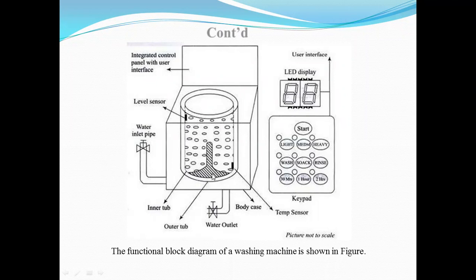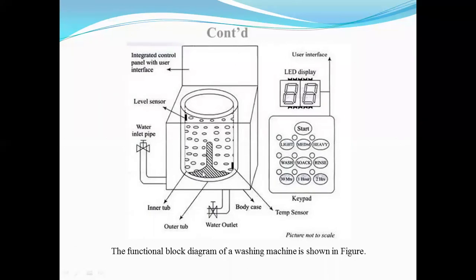The agitator is nothing but a motor. When you put the clothes in, the motor will start rotating in both directions, clockwise and anti-clockwise. So this acts as a motor which will wash the clothes. It will rub the clothes so that whatever soil particles are there will come out, right?